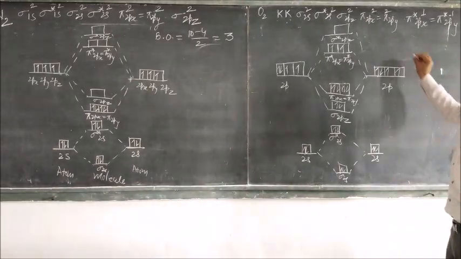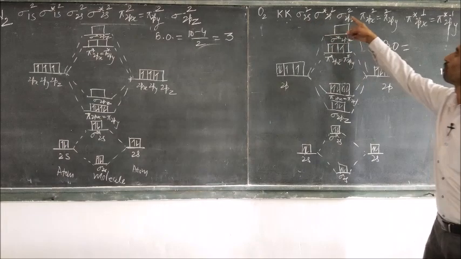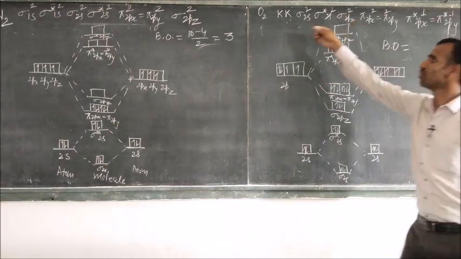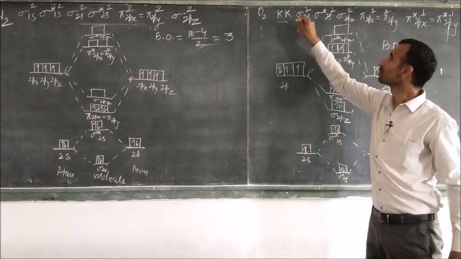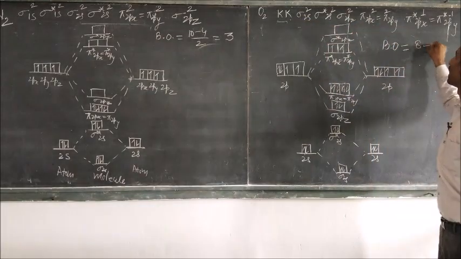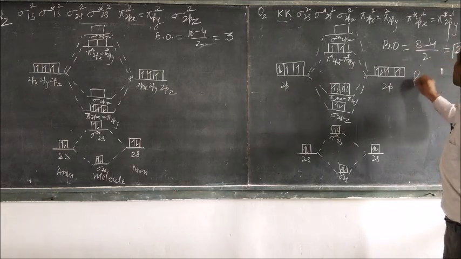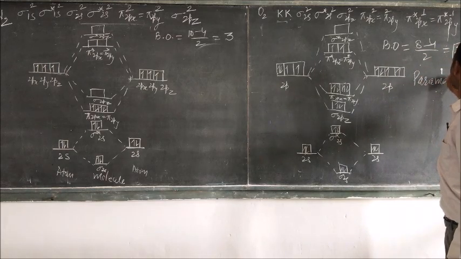So in this way it is paramagnetic and the bond order comes out to be 2 plus 2. There is no need to count KK. So 2 plus 2, 4, 6, 8, 8 minus 4. So bond order is 2 and it is paramagnetic.